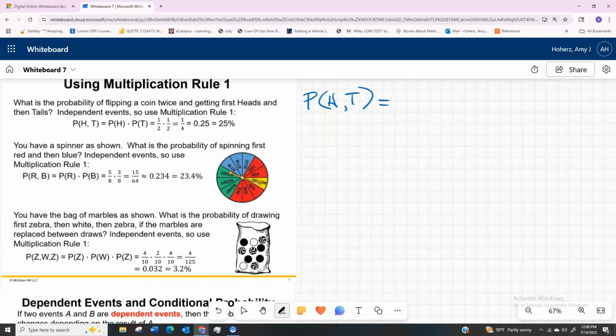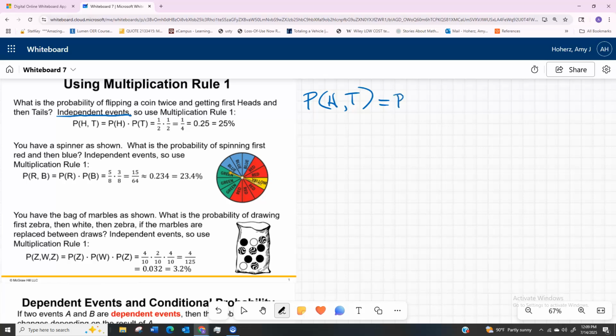So what we're going to need to do, because these are independent events, because when we pick up the coin, it's just like the die, it doesn't have a memory of what happened the first time. So if we pick the coin up and we do an honest flip of it, we have just as much of a chance of getting a heads or tails on the first time as we do of getting a heads or a tails on the second time.